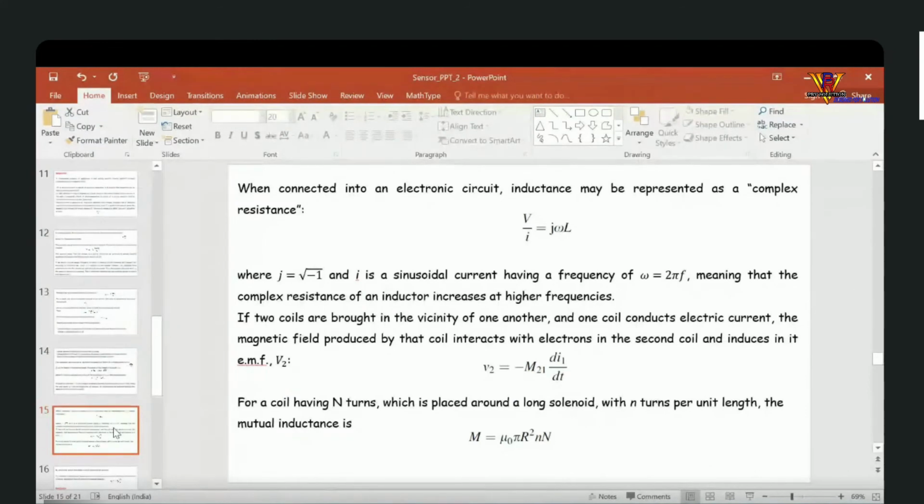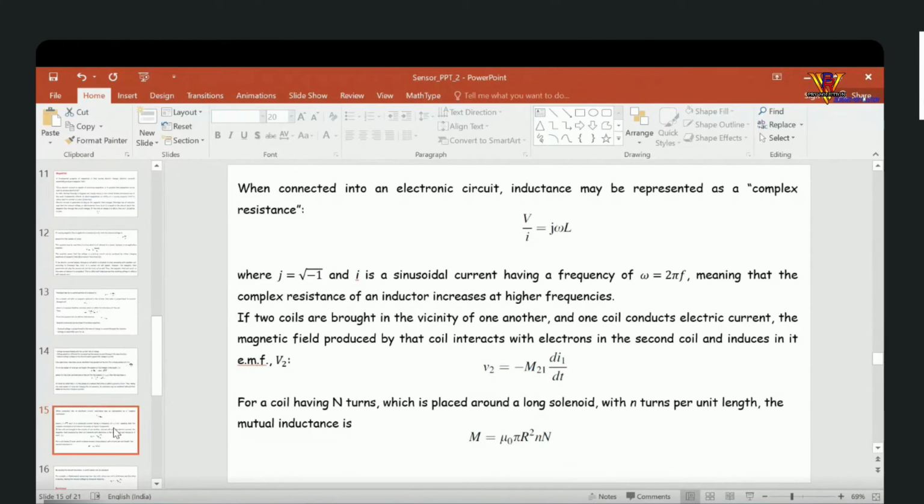So what is M? Mutual inductance between coil 2 and 1. So M21, the mutual coupling that exists between these two coils, is represented by a constant, and that is M. Okay. So it can also be expressed in terms of mu pi r n. Okay.